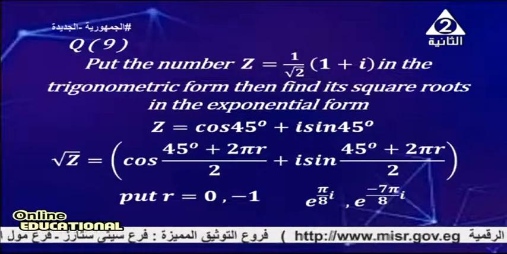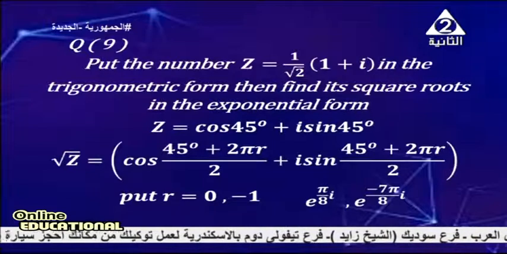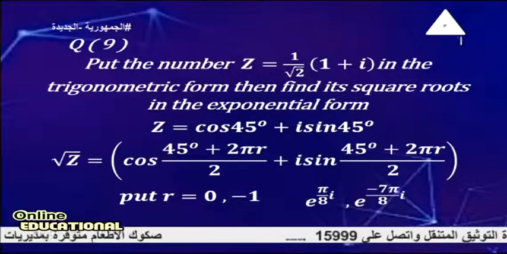The first root in exponential form is e to the power pi over 8 i, and the second is e to the power negative 7 pi over 8 i.